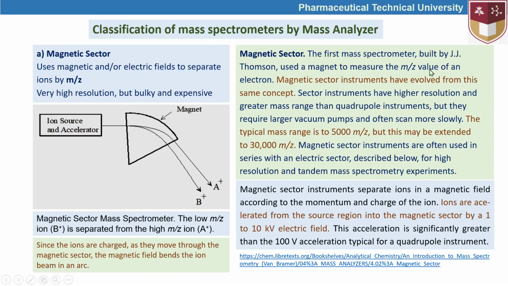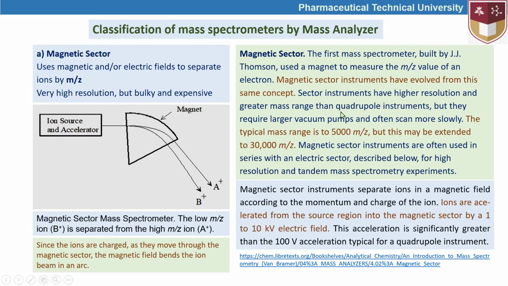The first mass spectrometer built by J.J. Thomson used a magnet, as indicated here, to measure the mass over charge value of an electron. Magnetic sector instruments have evolved from the same concept. Sector instruments have higher resolution and greater mass range than quadrupole instruments, but they require larger vacuum pumps and often scan more slowly.